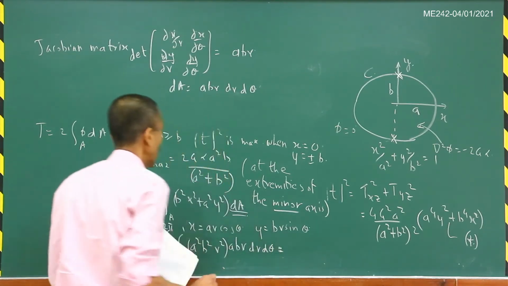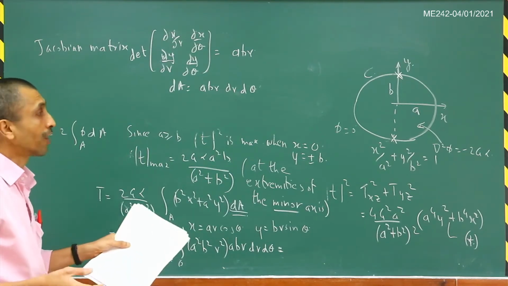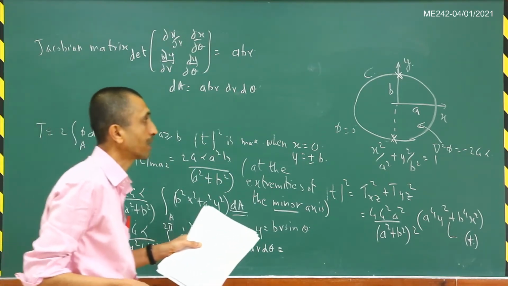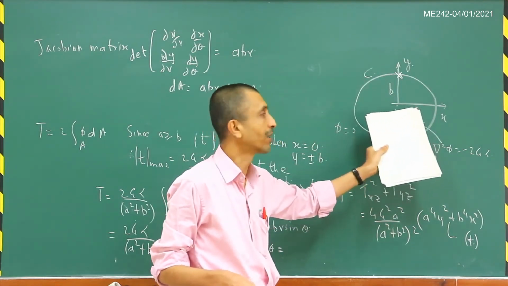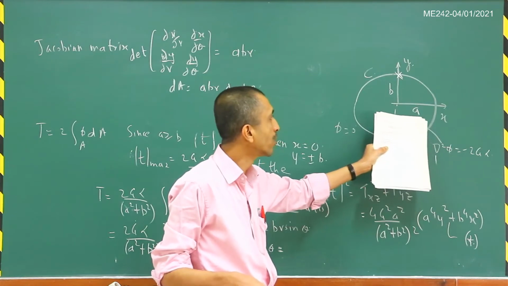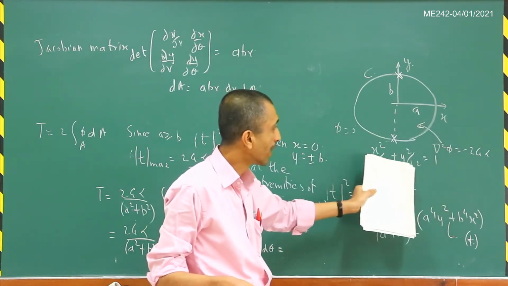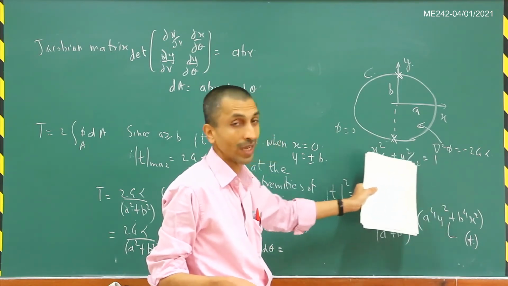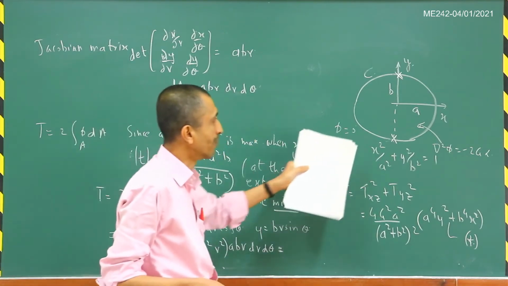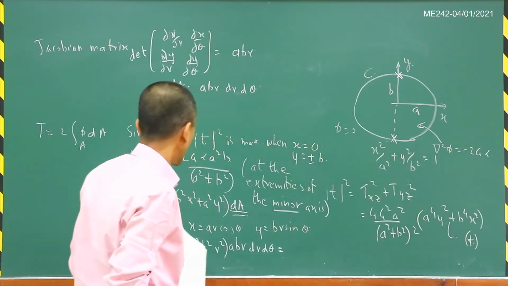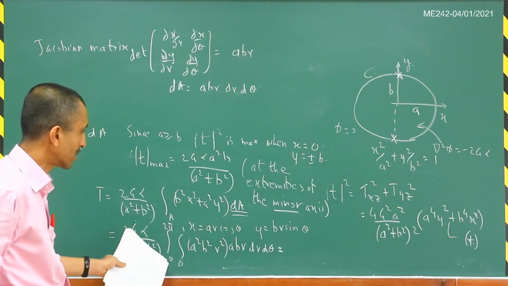So you can see that now the integration limits are fixed. If you had tried to do this integration with respect to x and y, then the limits of integration would have been variable, because the x limit would be 1 minus y square by b square into a square, and then the y limit would be from minus b to b. But if you use this change of coordinates, the integral gets simplified.